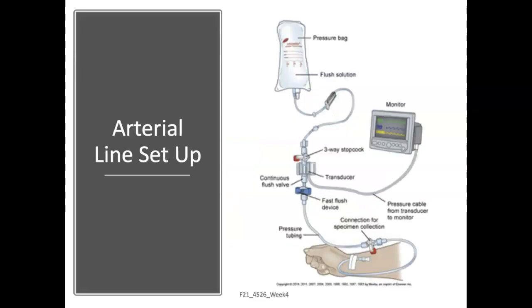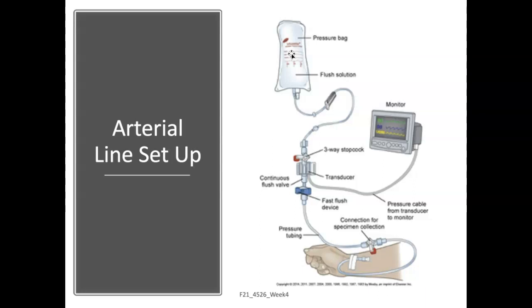So typically the arterial setup is this. Up here you will have a saline bag, which is under pressure. So you're going to wrap it, almost like a blood pressure cuff, around this pressure bag, because remember the arterial system is very high pressure. It's the system that's pumping all the blood throughout the body, so it's going to be under pressure.